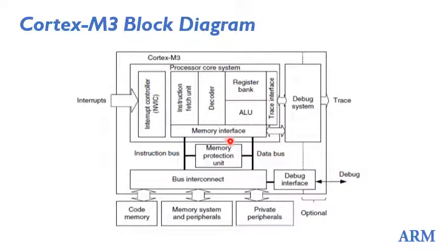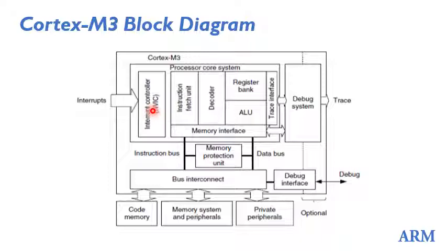Some complex tasks require more memory space, for which we have an optional memory protection unit which satisfies this requirement, and an external cache can also be connected. Then there is this NVIC which I have just mentioned, that is the nested vector interrupt controller.